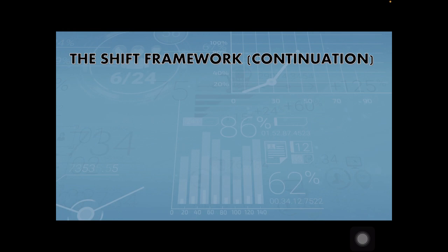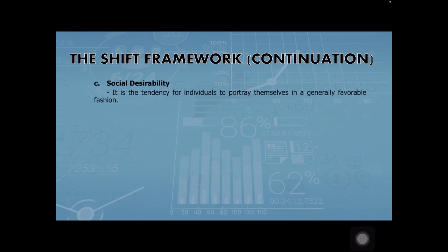Social desirability is the tendency for individuals to portray themselves in a generally favorable fashion. Consumers tend to select sustainable options to make a positive impression on others, and they endorse high-involvement sustainable options, for example, hybrid vehicles, to convey social status to others.